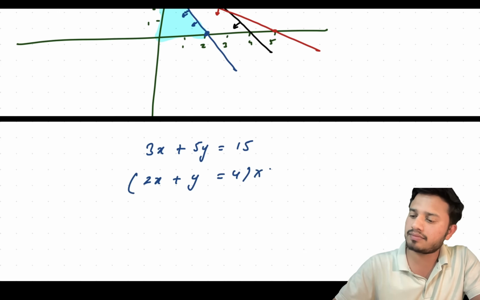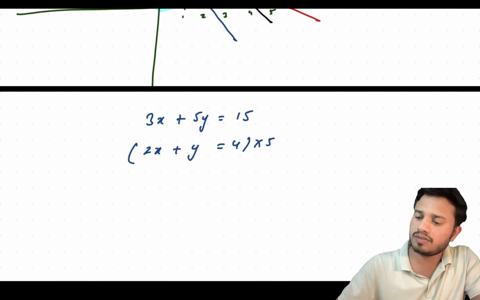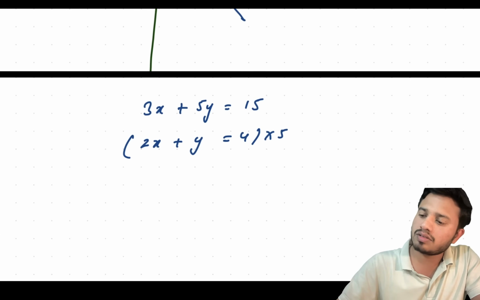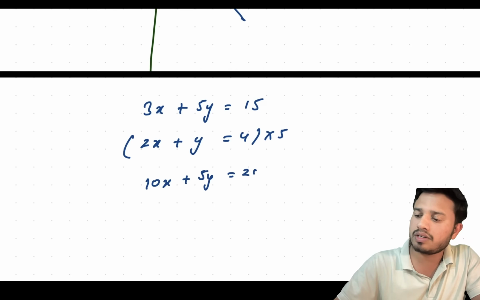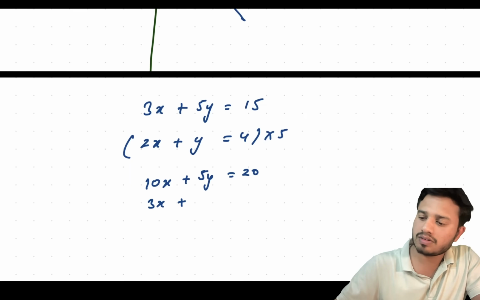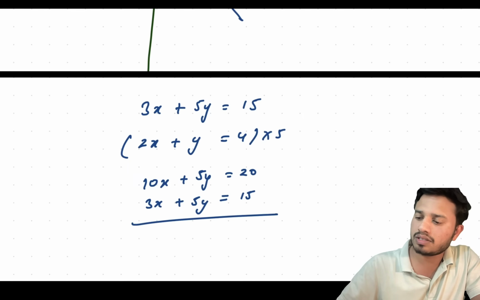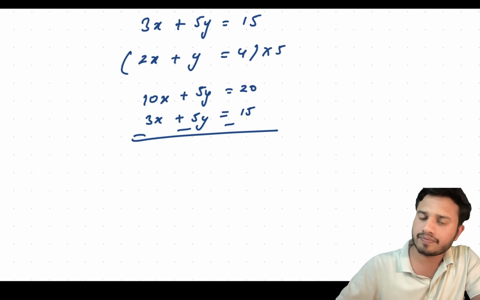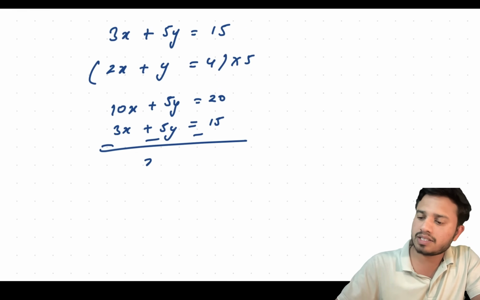Divide by 5. 5y. That both x equals to 5 by 7.